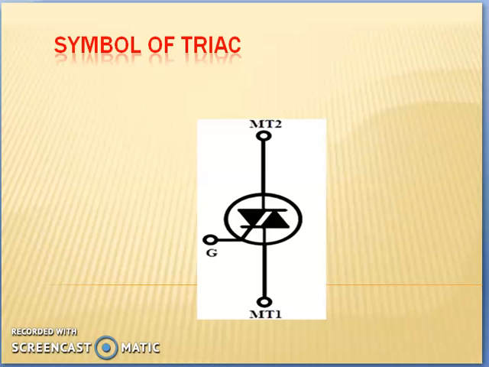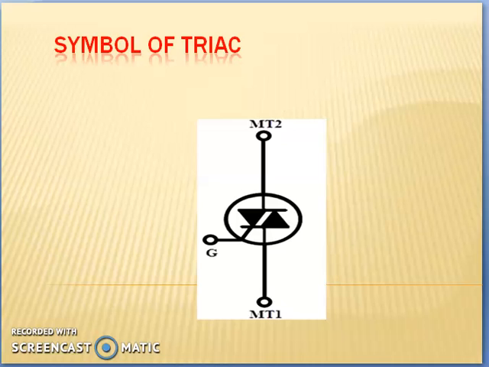This triac is the most widely used member of the thyristor family. I again repeat, it is basically a combination of two SCRs connected in anti-parallel. It is a bidirectional device and can be triggered either by giving a positive gate signal or a negative gate signal.